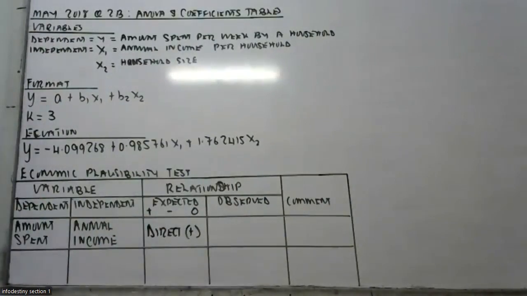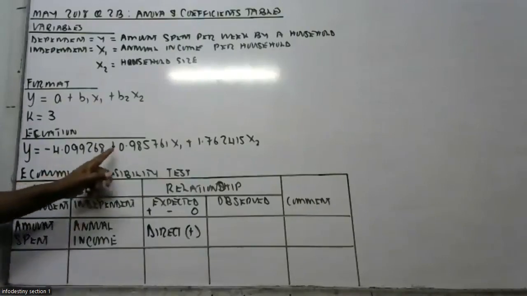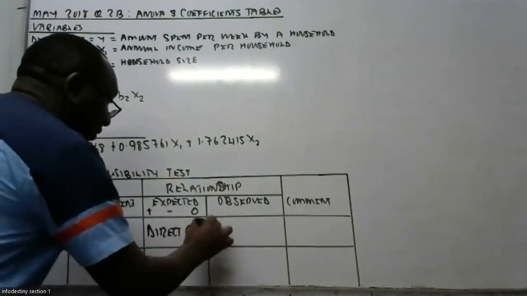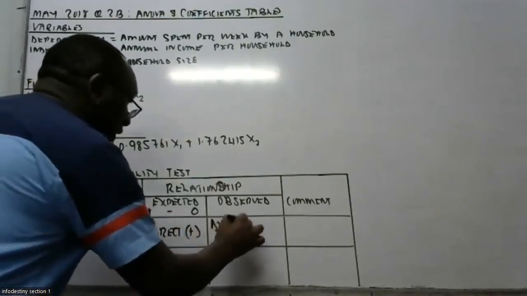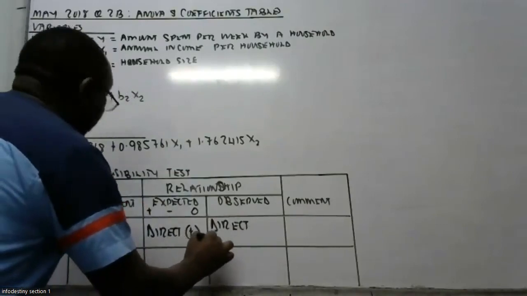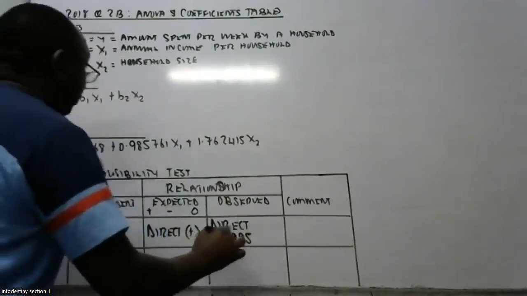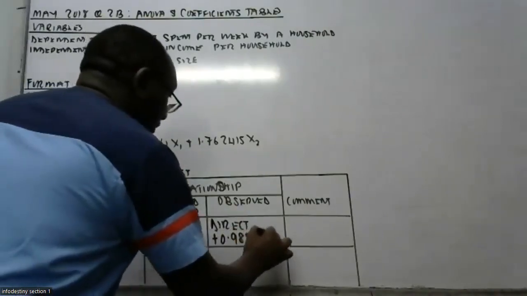Then what have we observed? The relationship is observed by this side here. So we have observed a direct relationship, and you can provide evidence. It is positive 0.985761.